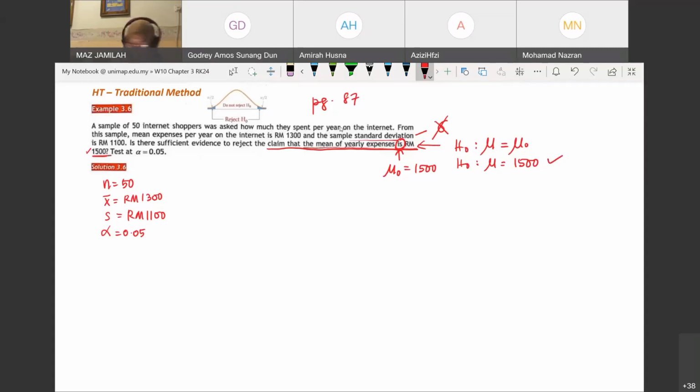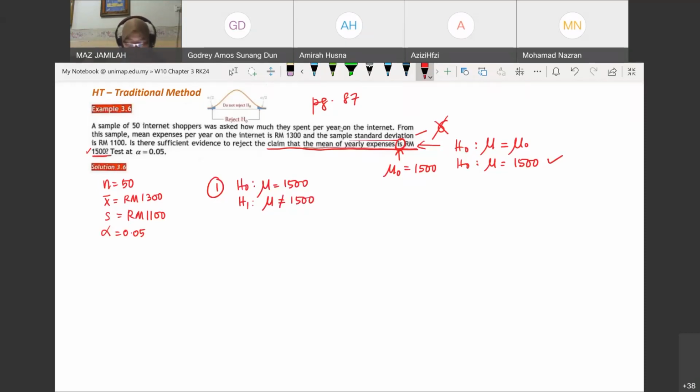Okay, so in this case, if you look at your textbook, the first step is your statement of hypothesis. Mu is equal to 1,500, and for the alternative, because the statement is to be tested, this automatically becomes a two-tailed test.